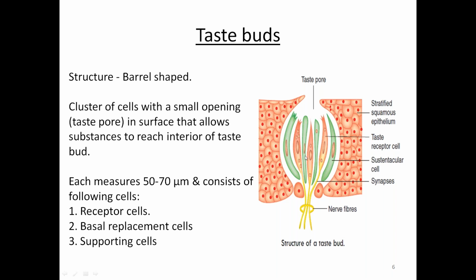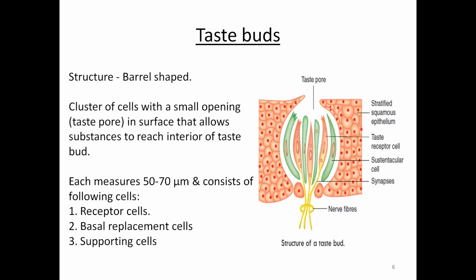So supporting cells, in addition to taste cells and basal cells, the taste buds contain supporting or sustentacular cells. Now, their innervation is through special sensory nerve fibers, innervating taste cells, which come from branches of facial, glossopharyngeal, and vagus nerves.